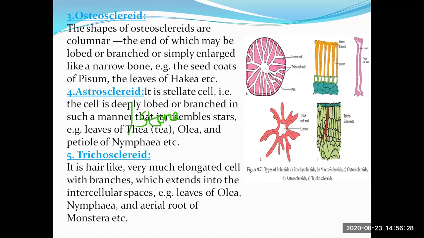Generally, we will see them in the intercellular spaces of leaves of Olea, leaves of Nymphaea, and aerial roots of Monstera. So these are the different types of sclereids and their character and structure, with diagrammatic representations. I think it is clear. Okay, this is about the sclereids.